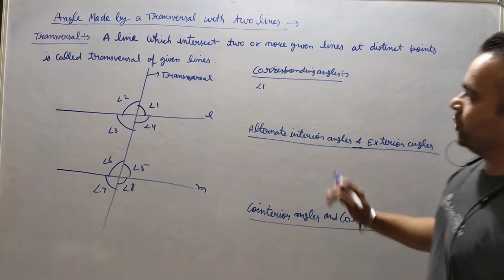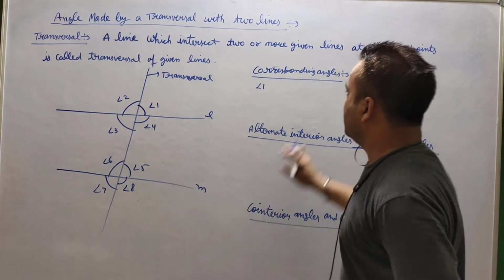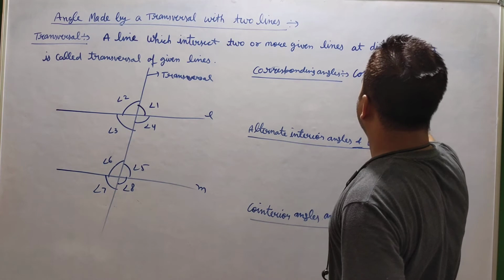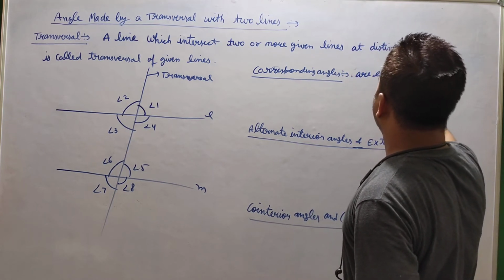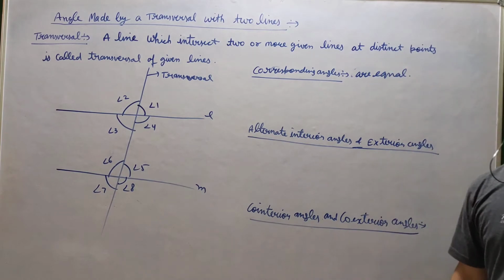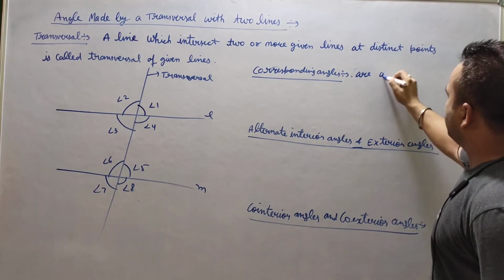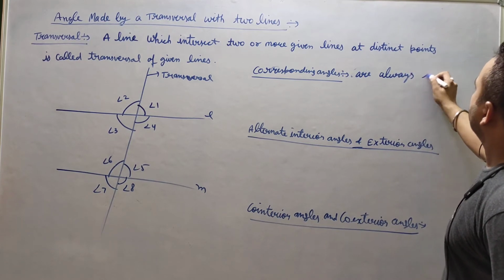So what happens when lines are parallel? If lines are parallel, then corresponding angles are equal. Corresponding angles are always equal. I use the word always because it is true for all.